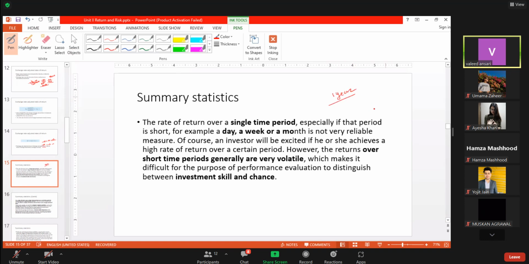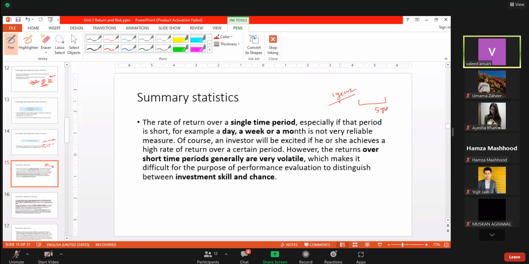For that, you need the return calculation for a period of time. If you are making an investment, maybe 5 years, 10 years, a monthly return history is there. Then one would like to have an idea about how much return has been generated by a particular financial asset during that period.